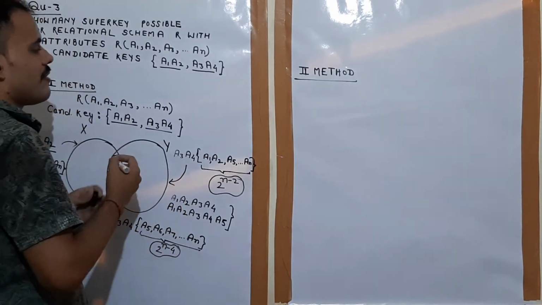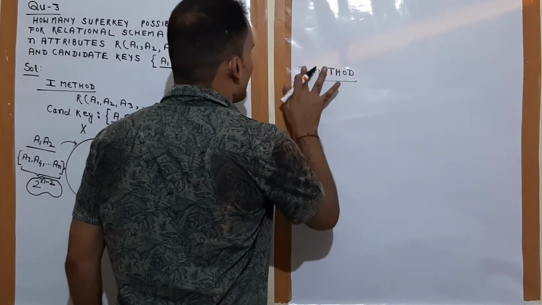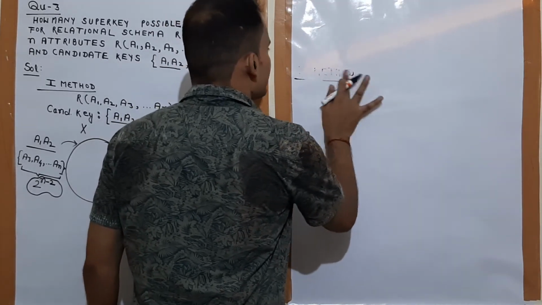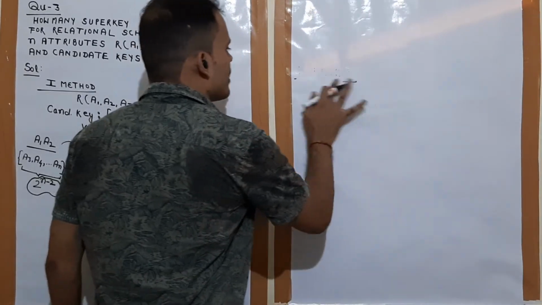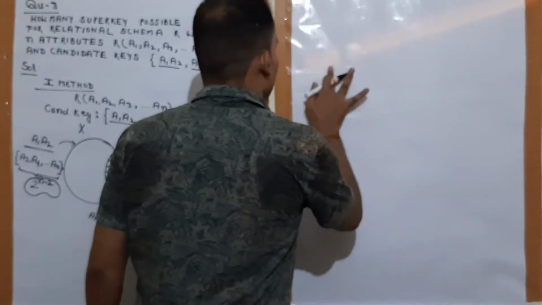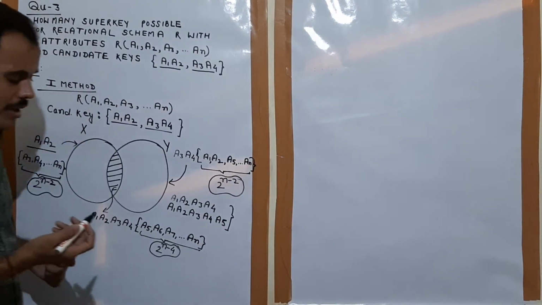Understood? So see here, what will be the answer? See here, this is the first method. This is the continuation of the first method. This is not the second method. Understood? This is how we will find the answer.